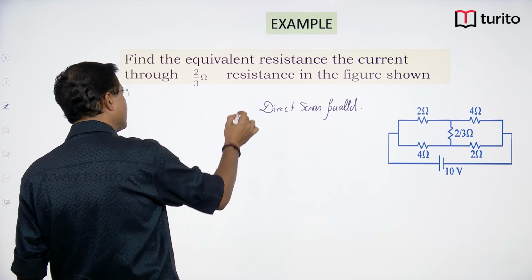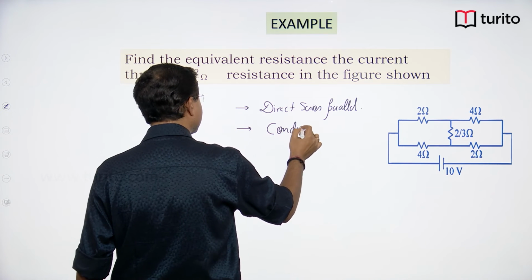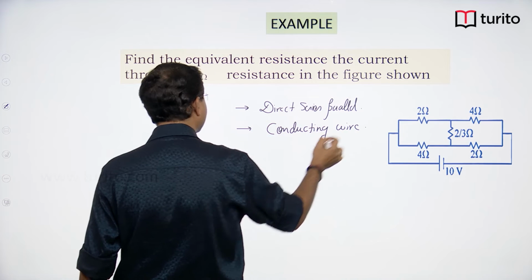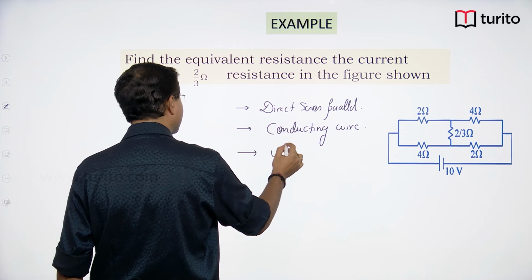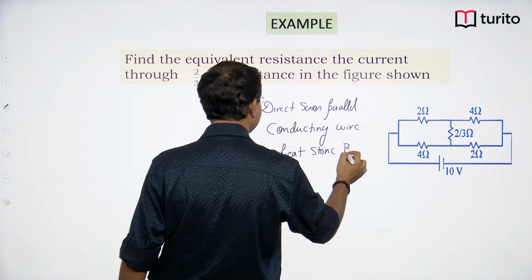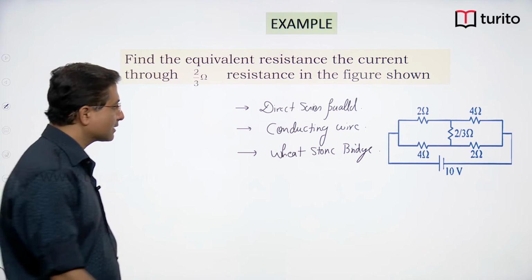Okay, this first step. Second step, conducting wire. Then we go for Wheatstone bridge. Then we look at the circuit symmetry.